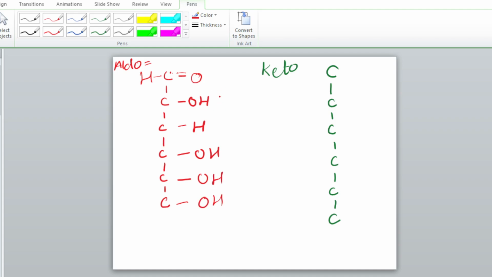See, in all of these positions you can write like this. You can also write it like this.